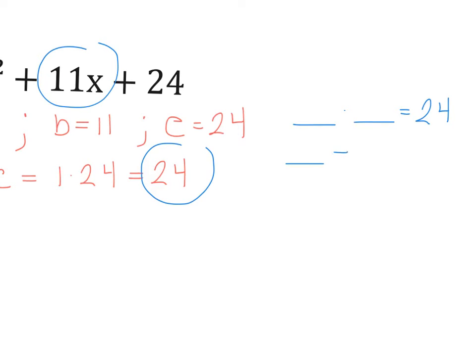So in this case, 11. Okay, so think about all our factors of 24. We have 6 and 4, they do not add to 11. 8 and 3, 8 times 3 is 24, 8 plus 3 is 11. So there's our factors, 8 and 3.